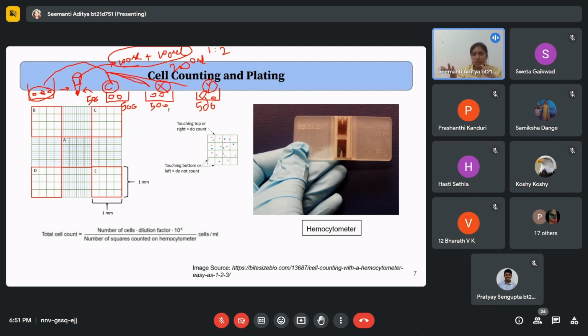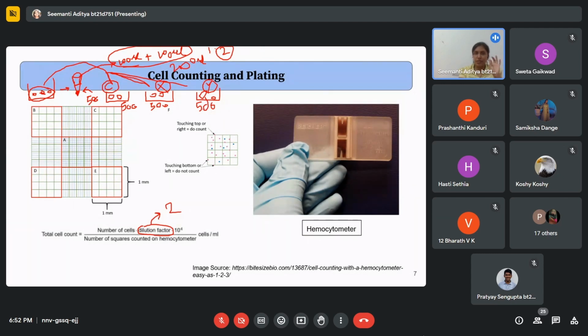Depending upon how much trypan blue we add, the dilution factor changes, and that gets multiplied into the formula of total cell count. If I use 100 microliter of this suspension and add 100 microliter of trypan blue, the dilution is half, but the dilution factor is actually 2. So don't get confused between dilution and dilution factor.